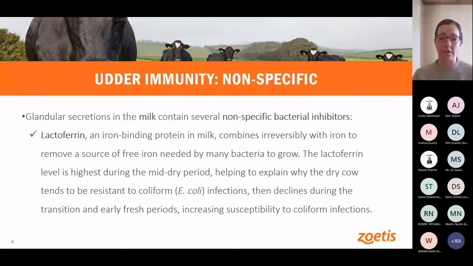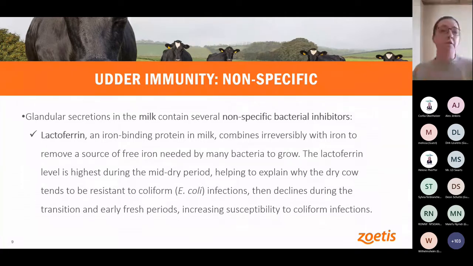And so it inhibits their growth, right? The lactoferrin levels are the highest in the middle of the dry period. So in that period, the animals are usually more resistant to especially your coliform infections. Unfortunately, these levels do decline during the transition and the early fresh periods, also explaining why they are more susceptible to those infections during those periods.